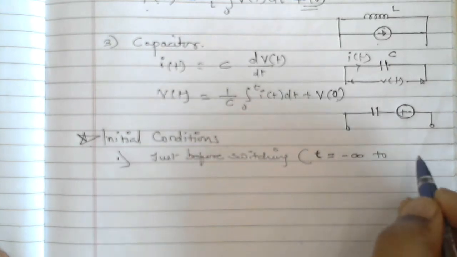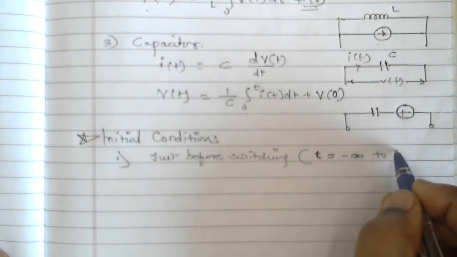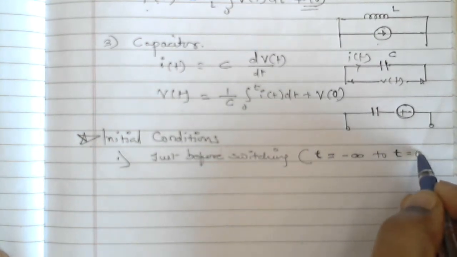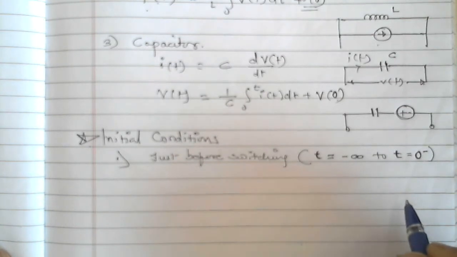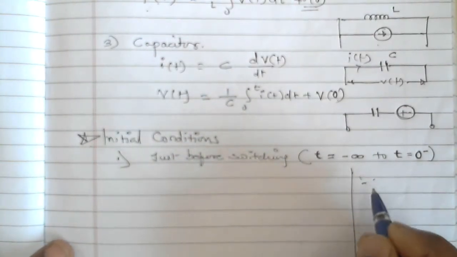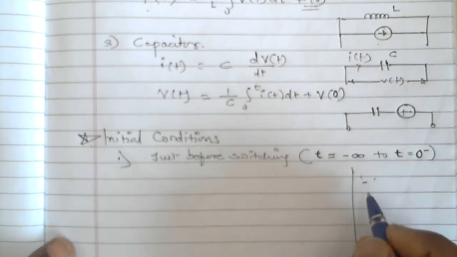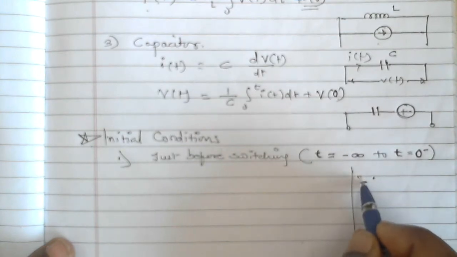And if it is just before making it on, it is t equal to 0 minus. Let me make it clear that this minus sign is used to represent the situation just before the switching.